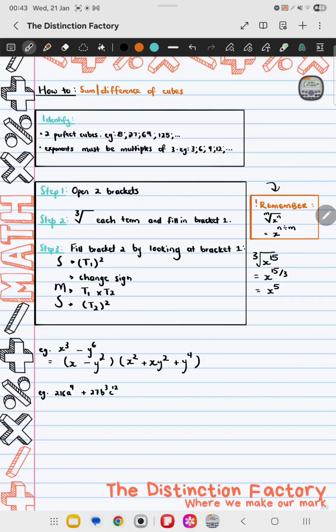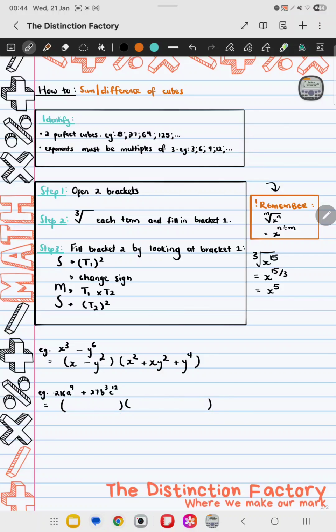All right, so let's take this up a notch by moving on to a slightly more difficult question. We've got 216 a to the power of 9 plus 27 b cubed c to the power of 12. And we want to do sum or difference of cubes here, and we can do it because we've got perfect cubes and multiples of 3 as our exponents. So our first step, open out two brackets.